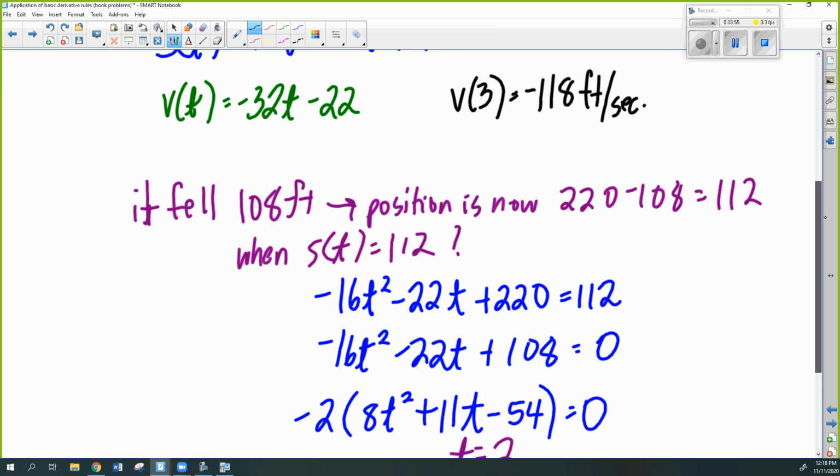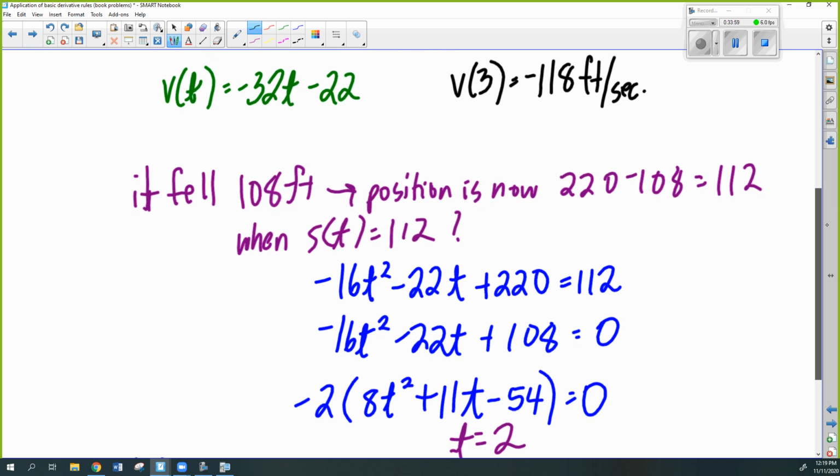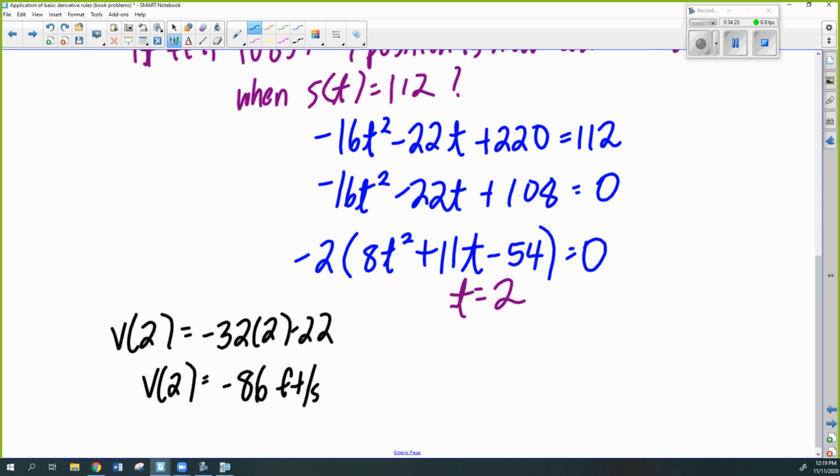Yes, we did. So we're gonna plug in 2, -32 times 2 minus 22. And I have decimals on my paper, so I don't know how I got that. What'd y'all get? And that would be feet per second. Okay?